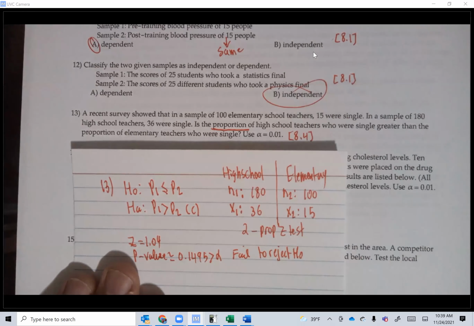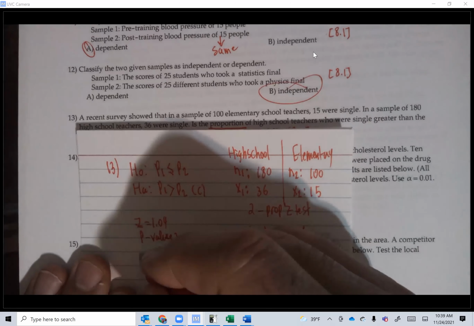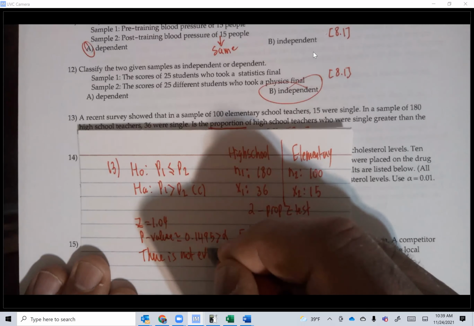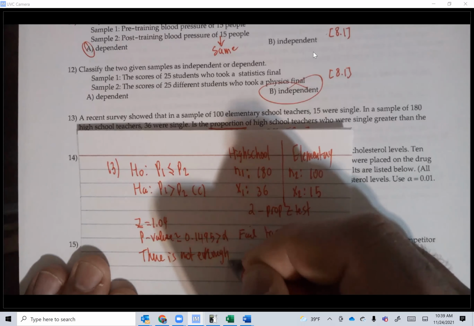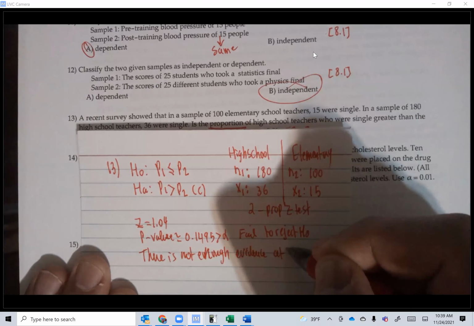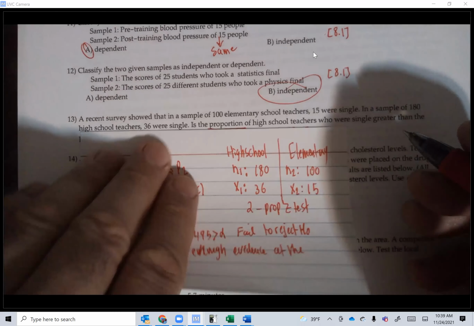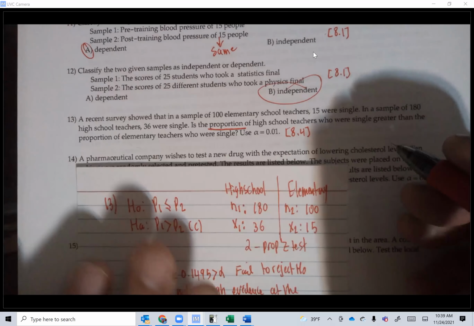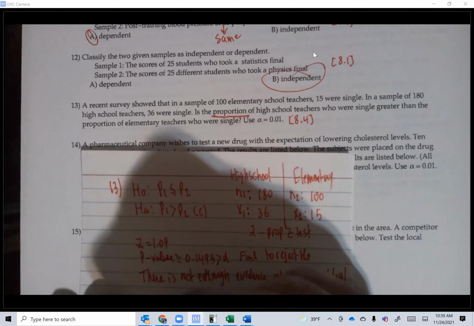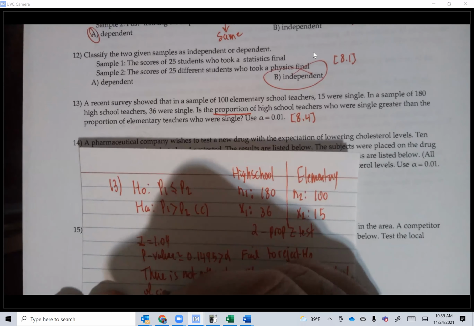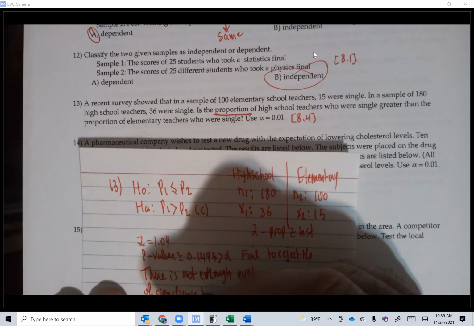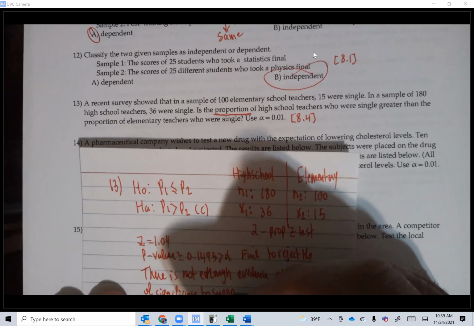And the conclusion, guys: there is not enough evidence at the 0.01 level of significance to support the claim.